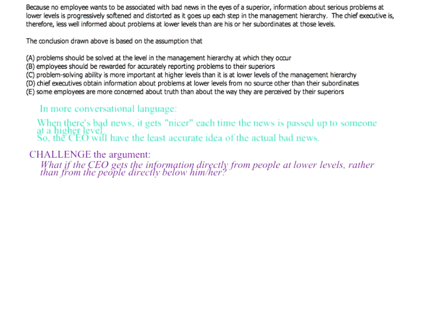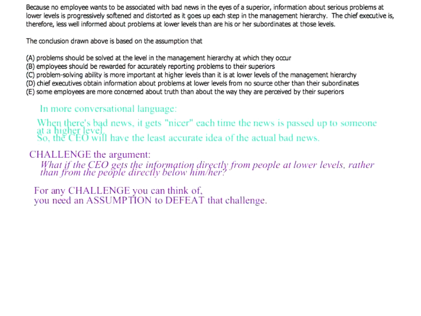In other words, what if the people in the mail room actually just contact the CEO directly and say, hey, here's this problem? So the point of assumptions is that for any challenge you can think of, you need an assumption to defeat that challenge. In some cases, there are a lot of these, and you might not be able to think of the exact challenge right away.